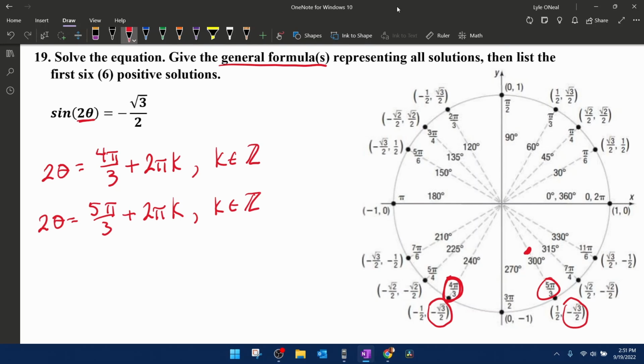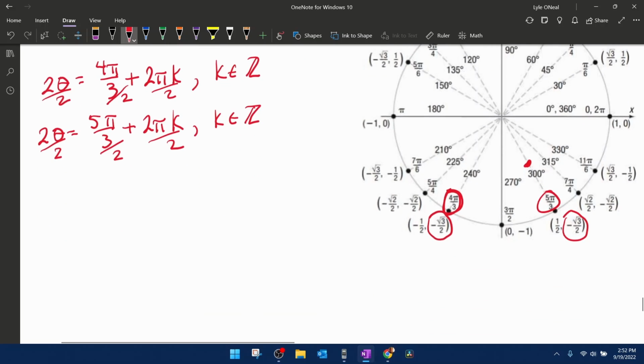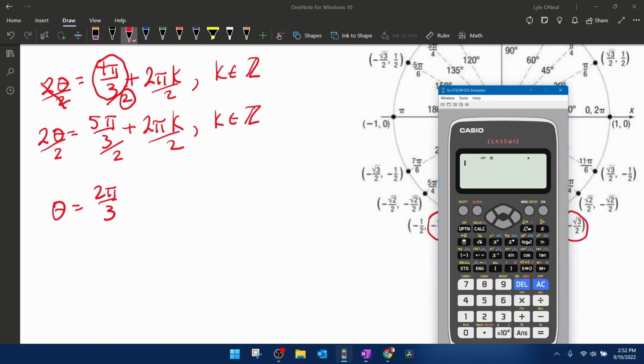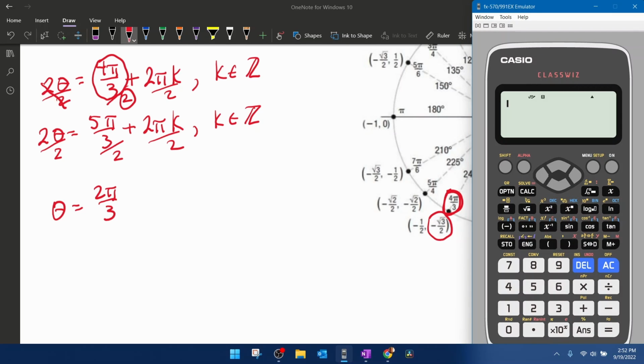Okay, so now we need to actually find out what theta is, and that means that we're going to need to divide through by 2, all the way through. And so my formulas for theta, what is 4 pi over 3 divided by 2? Well, that is 2 pi over 3. And if you're wondering how I got that, I did 4 pi over 3 divided by 2.